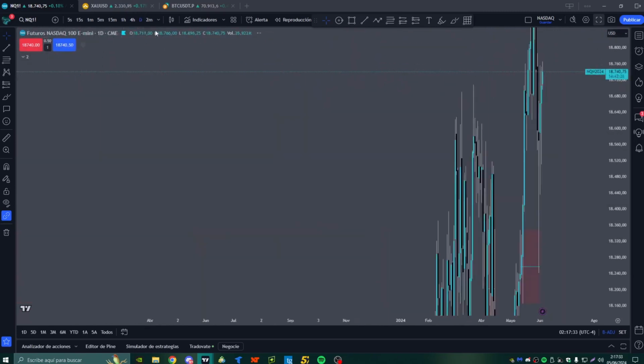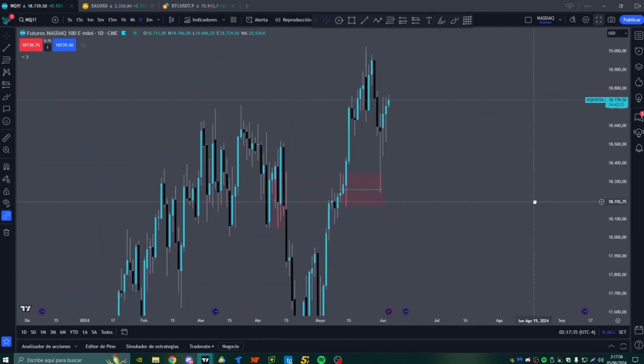Higher time frame context from where we were coming from.